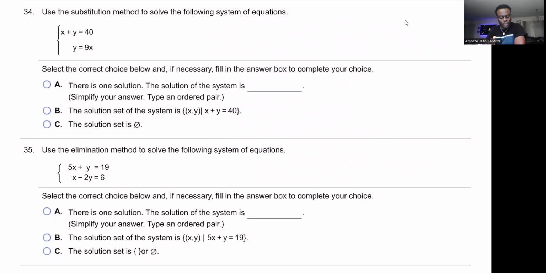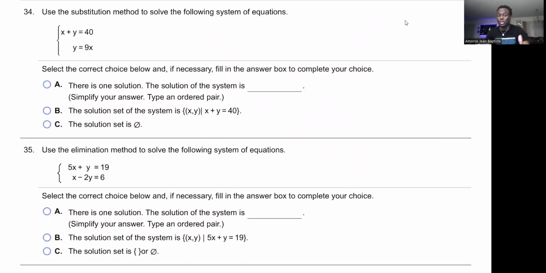So we're solving systems of linear equations in two variables. We saw how to solve a system of linear equations by graphing, and we saw all the possibilities of solution.